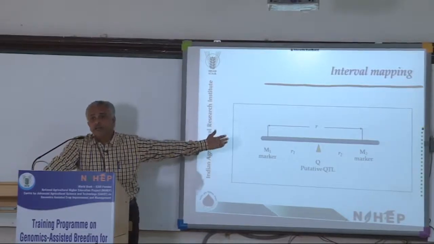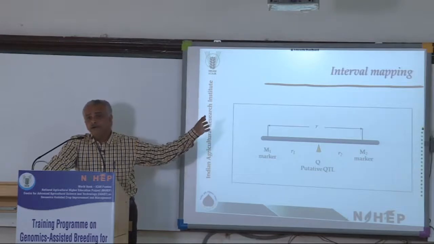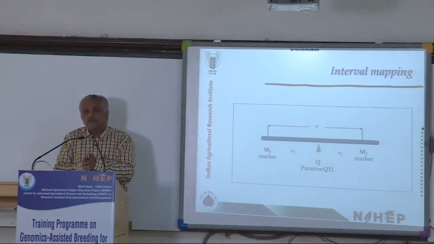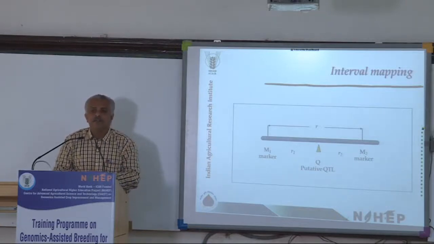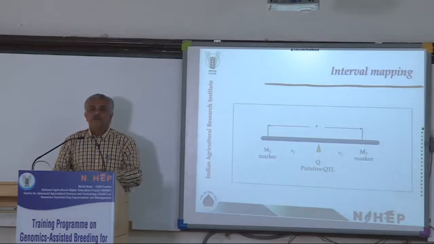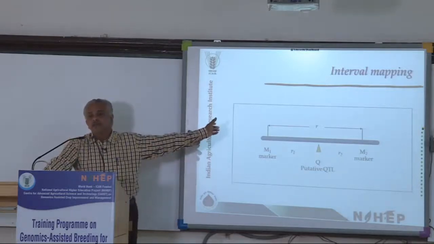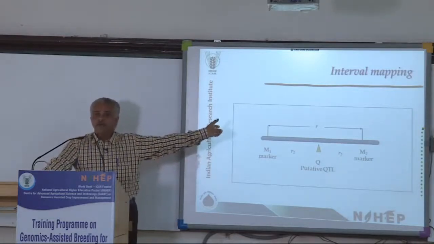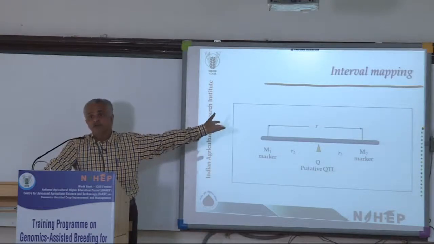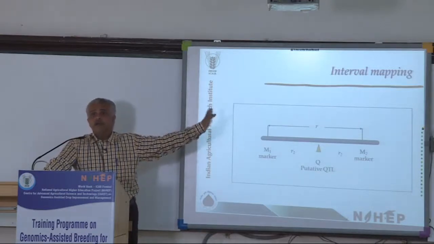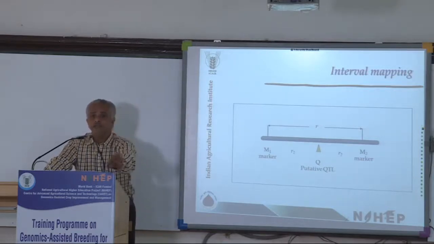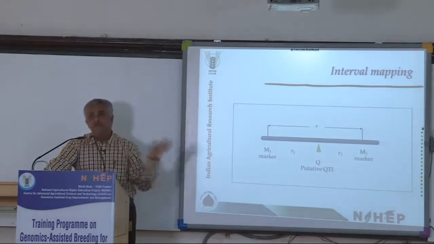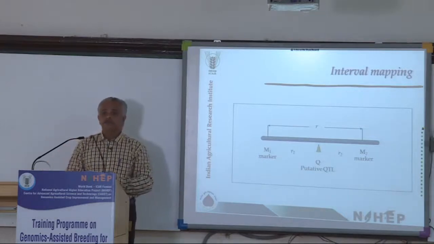Once having identified the QTLs, you go closer to that interval into the fine mapping part, and then you will be able to pinpoint the peak marker. In random markers, sometimes we may be missing the peak marker, or sometimes we may have it. We are not sure. Whatever be the case, if the peak marker is there, you are definitely going to get a high R square value. If the peak marker is not there, you will get a lesser R square value. Then you will have to converge to the peak marker.